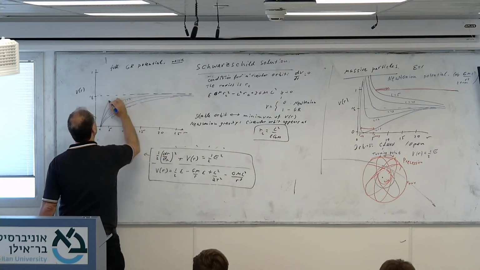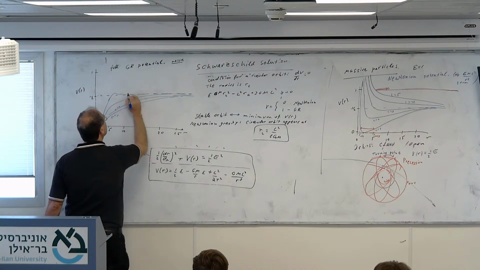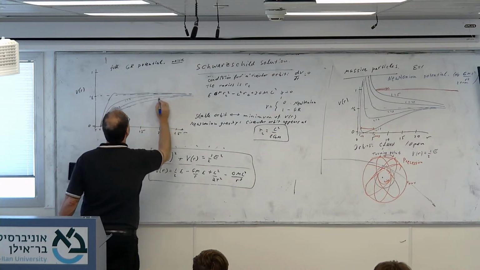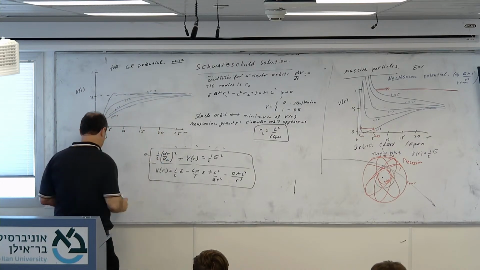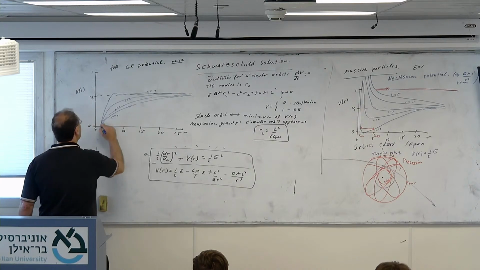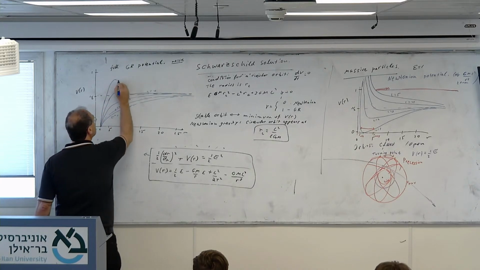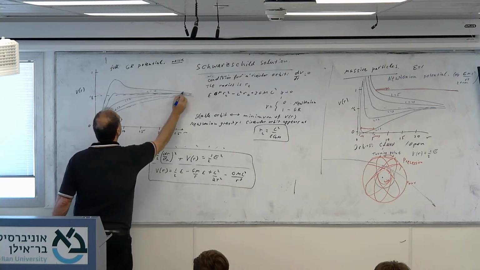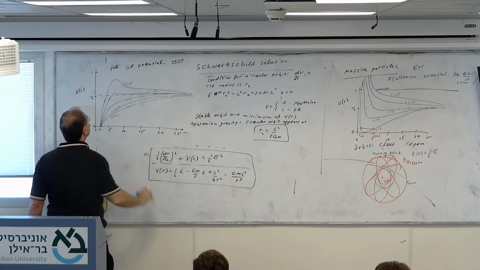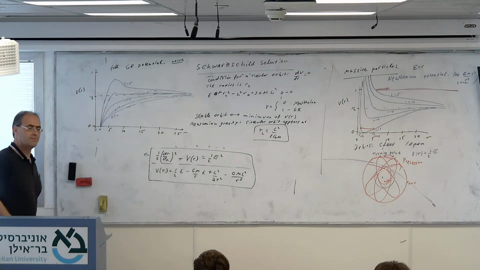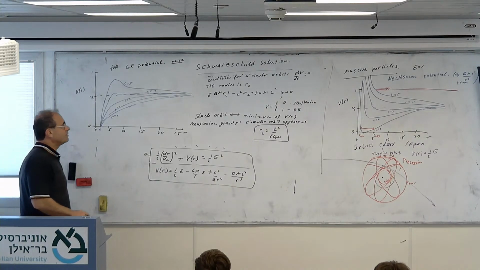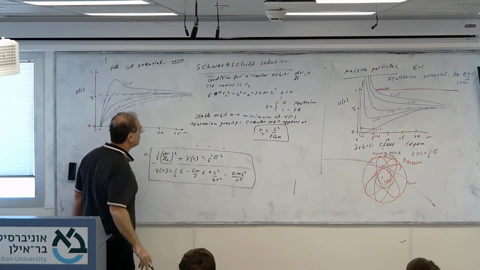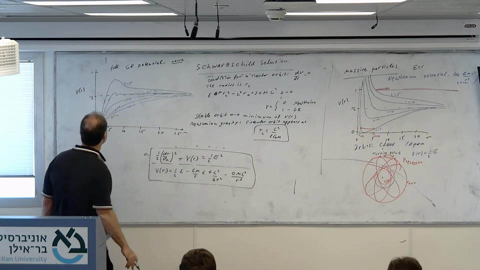For L equal to 4, we get something like that. For L equal to 5, something like that. Very crudely, not trying to give you exact curves, but to give you the general trend.